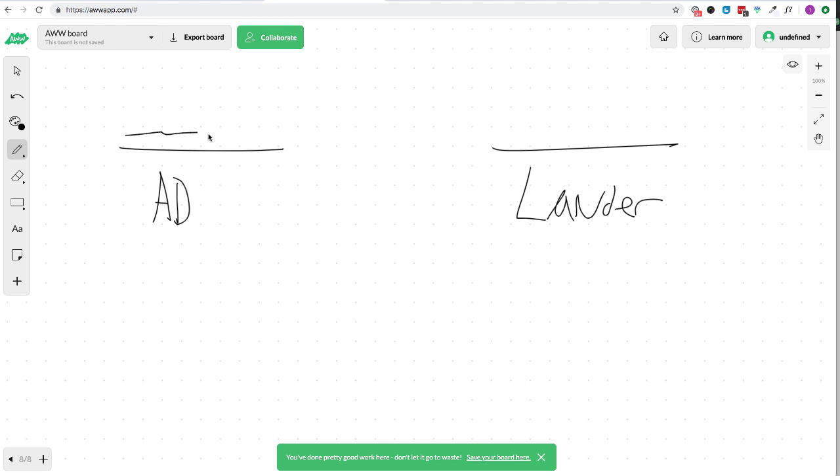Okay, so that's what this is about. The headline has to be how to reverse crippling depression by killing this specific type of gut bacteria. The ad has to line up with the lander exactly. You don't want to be like, how Monica reversed crippling depression by killing this gut bacteria, and then it comes here and you're selling like a nootropic to help people think faster and improve their mental capacity in their career. That's not going to work. It has to line up. It has to be apples to apples.